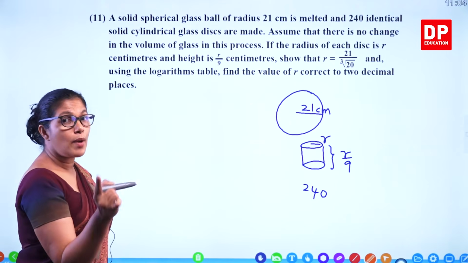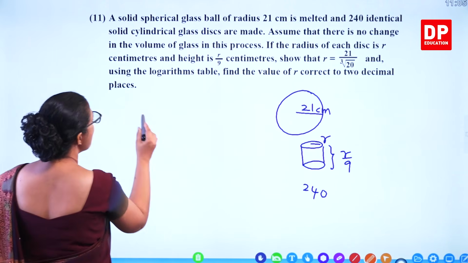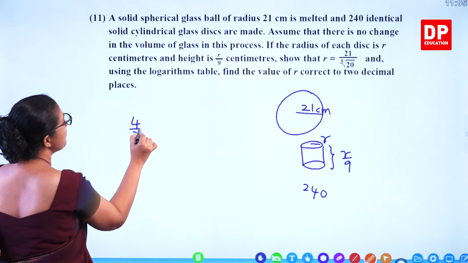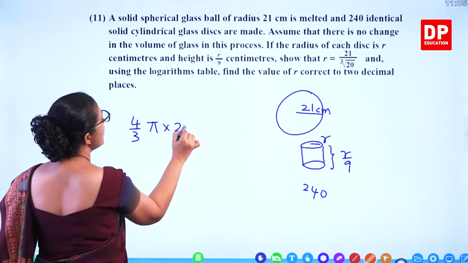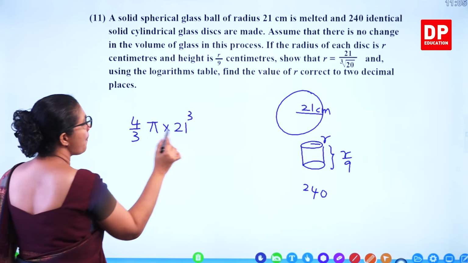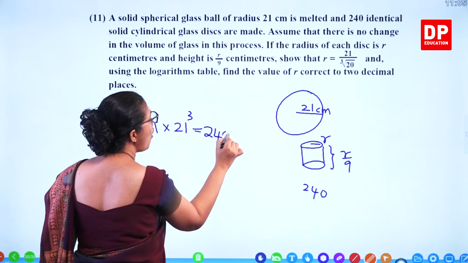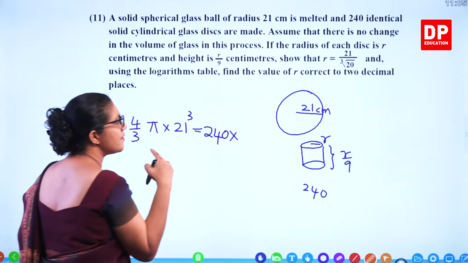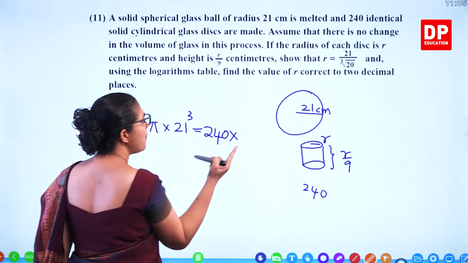So we can equate the volumes. So what is the volume of the sphere? 4 over 3 pi r cube. So that's 21 to the power 3. That's equal to 240 of these cylindrical shapes. So what is the volume of the cylindrical shape?